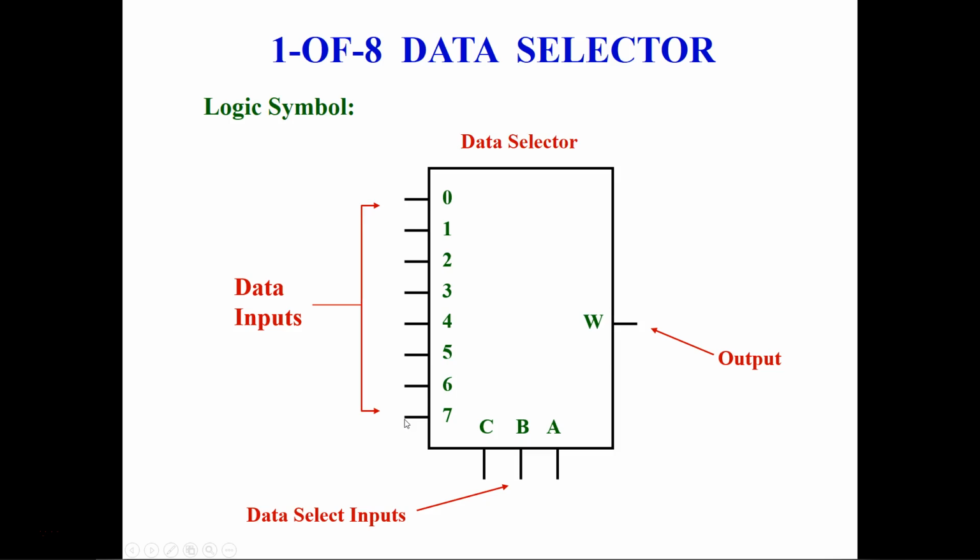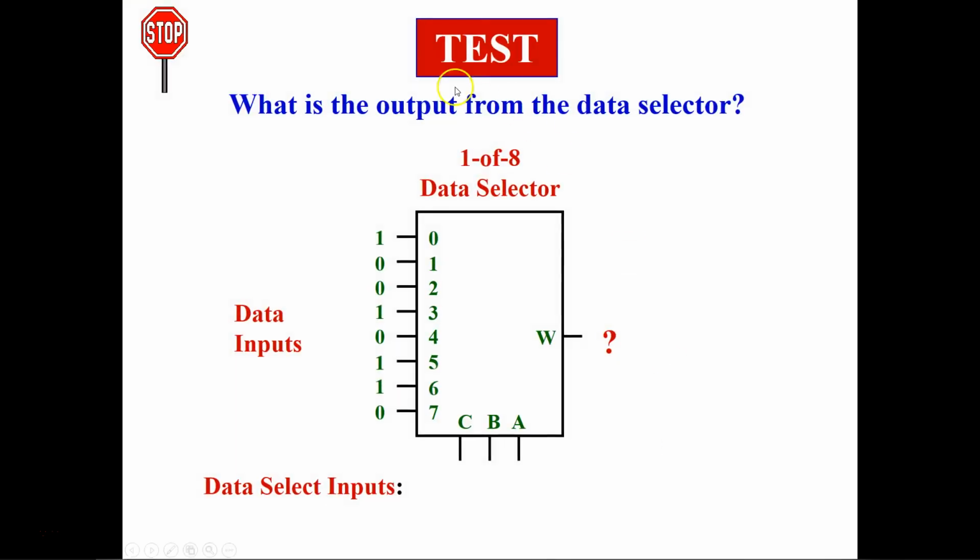In a rotary switch, as the switch rotates, each position has some selected value, and based on that some output is generated, and each has a separate or unique code, and each unique code represents some output. Similar to that, data selectors help in selecting the particular input, and based on that input the output is generated.